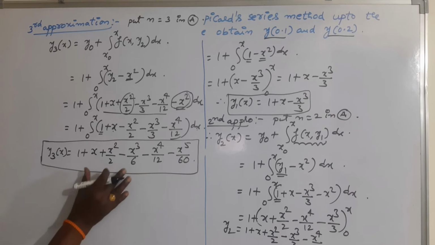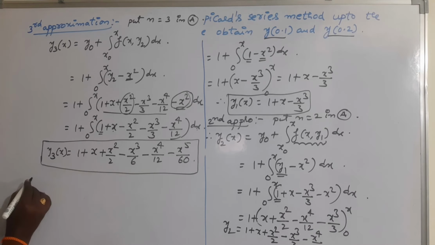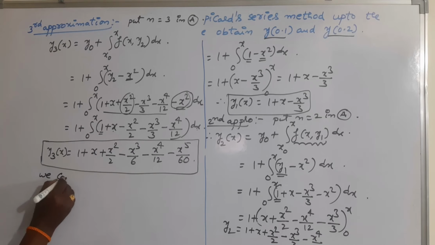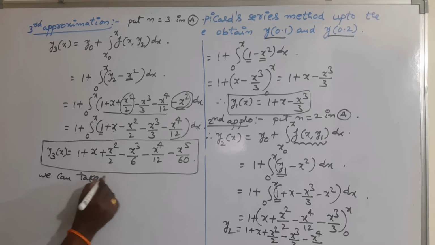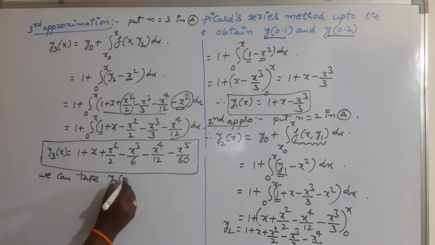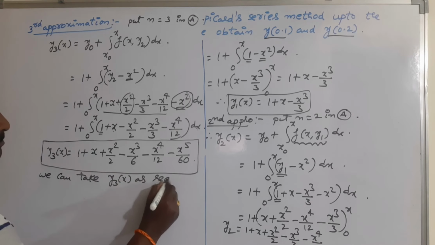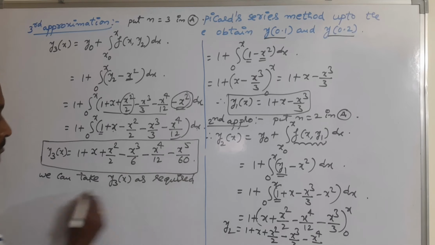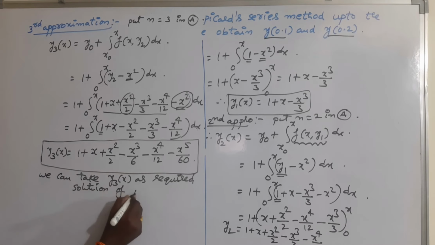That's why you can stop the problem with this approximation. So we can take y3 of x as the required solution of the given initial value problem.